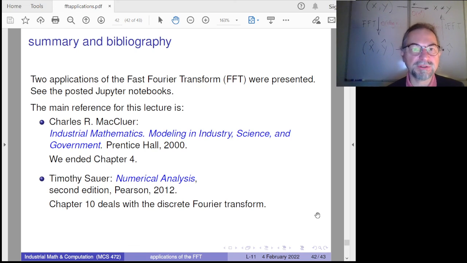That's an interesting introduction computationally also to the two-dimensional fast Fourier transform. If you want to know more about the discrete Fourier transform, or from a different perspective, you can also still check the textbook for numerical analysis.